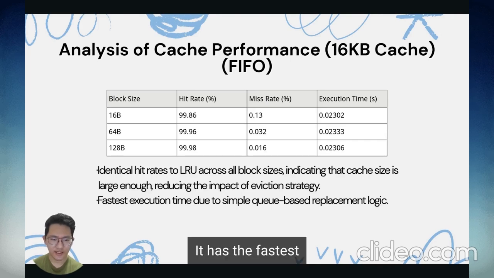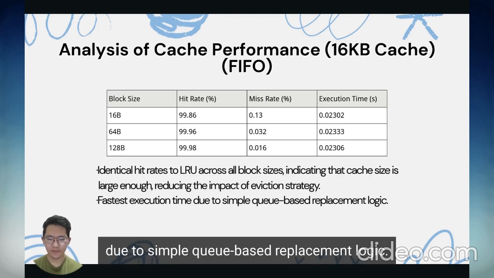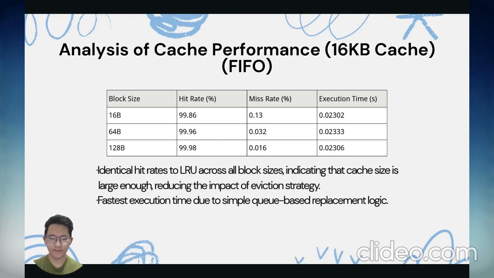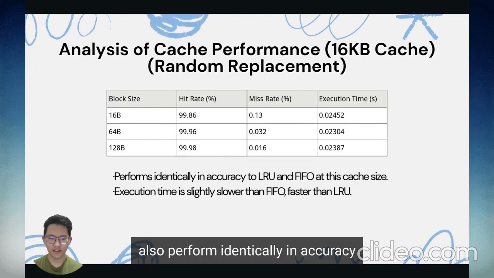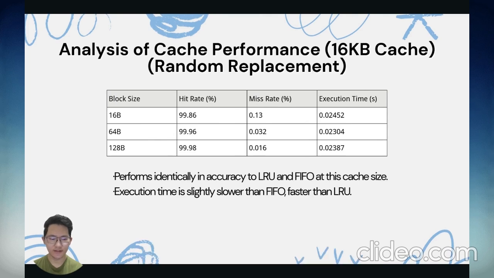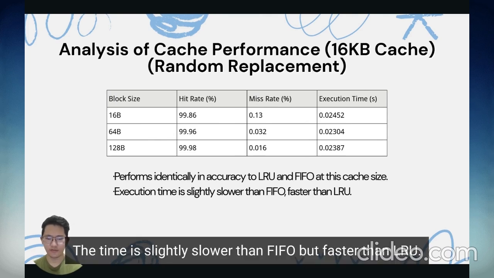It has the fastest execution time due to simple queue-based replacement logic. After that, random replacement also performs identically in accuracy to LRU and FIFO at this cache size. The execution time is slightly slower than FIFO but faster than LRU.